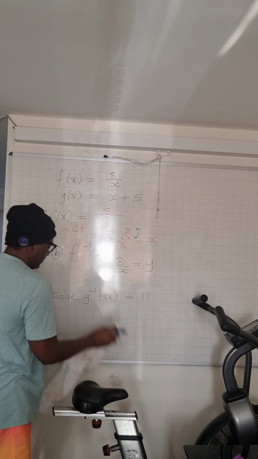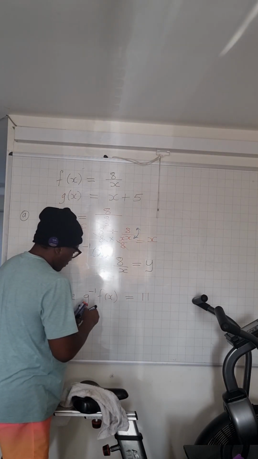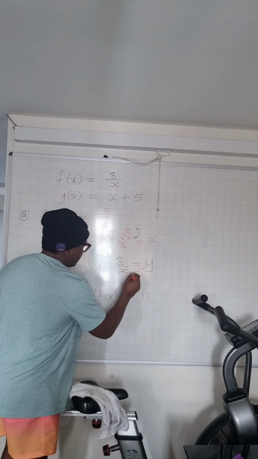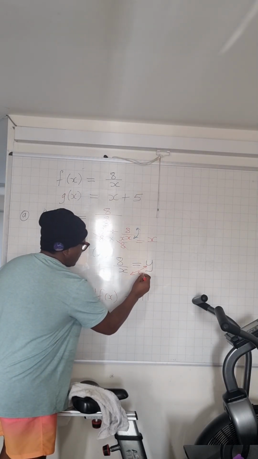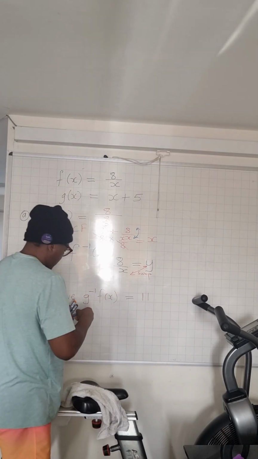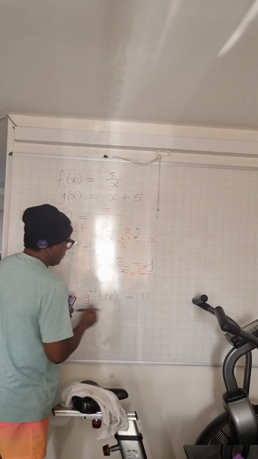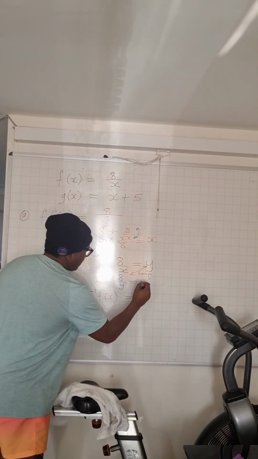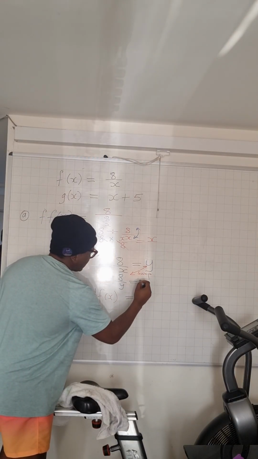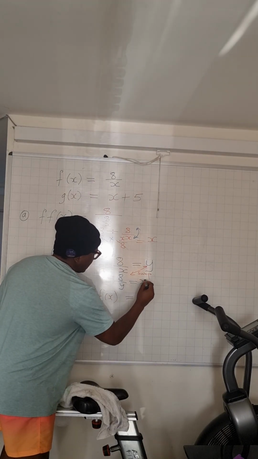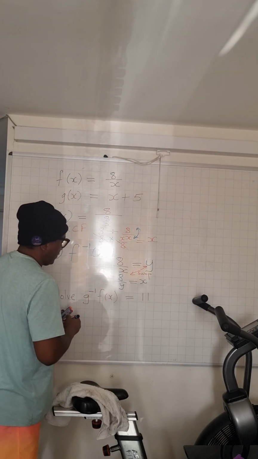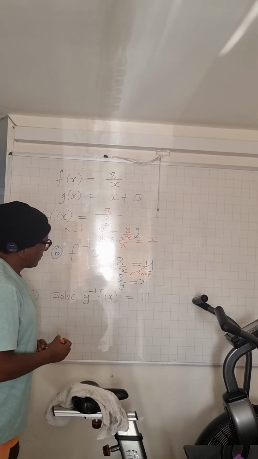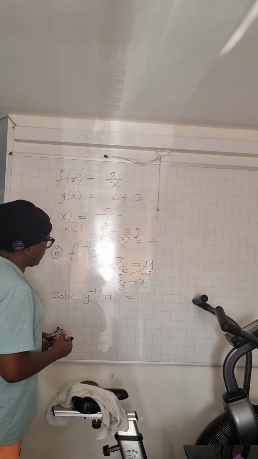So let's swap these two. Swap them. So it becomes 8 over y is equal to x. Does that make sense? 8 over y equals x.